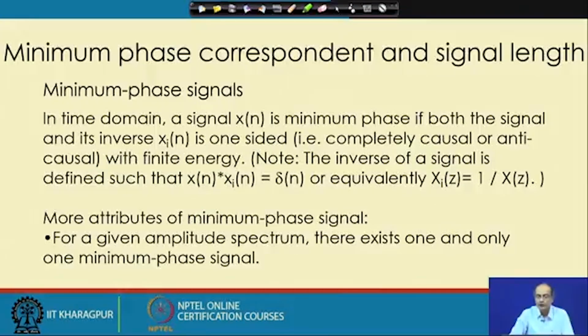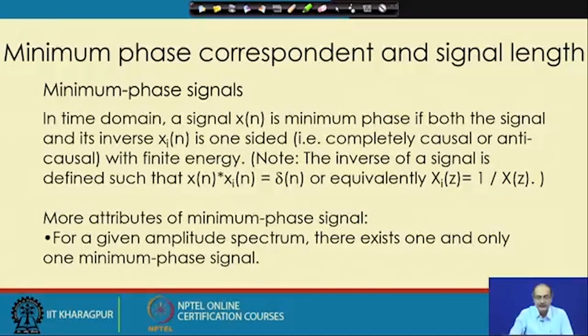We know for a causal signal, the signal is 0 before the starting point. That means, for a causal signal x[n], for n negative, x[n] should be 0. So a completely causal signal will have non-zero values only for n greater than 0.